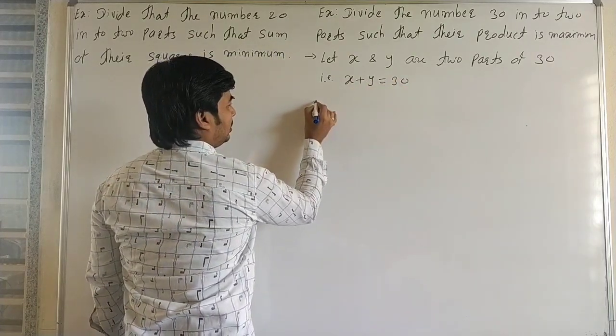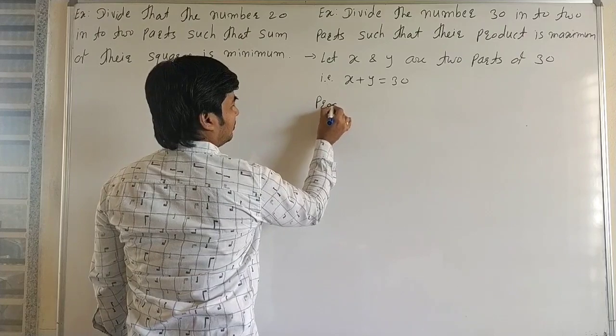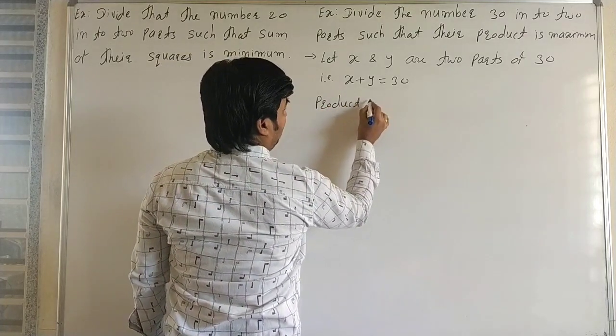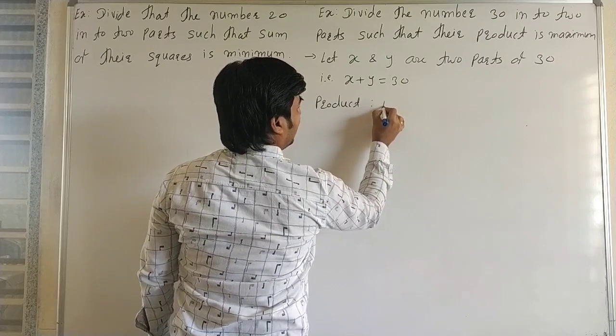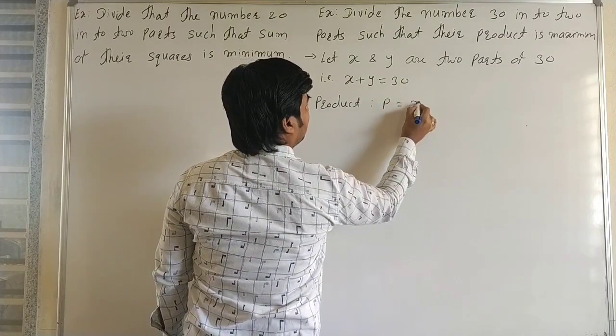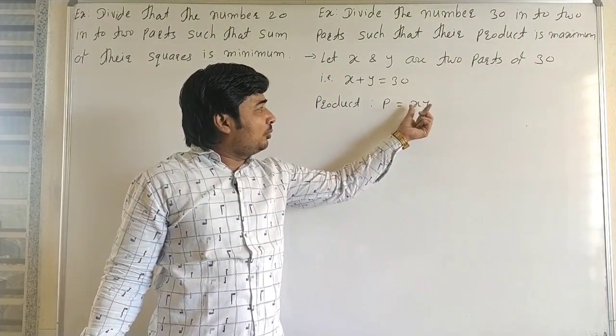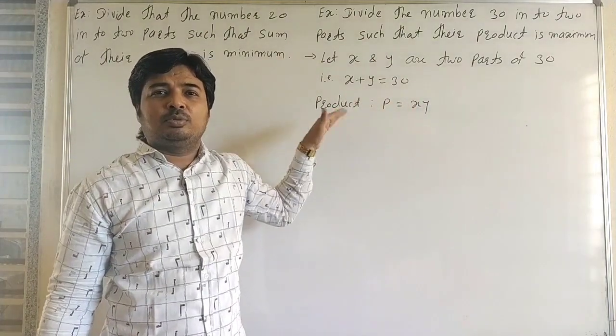Now the product of these two numbers, say p, is equal to xy. Now we need the function in terms of x or in terms of y, that is f of x or f of y.